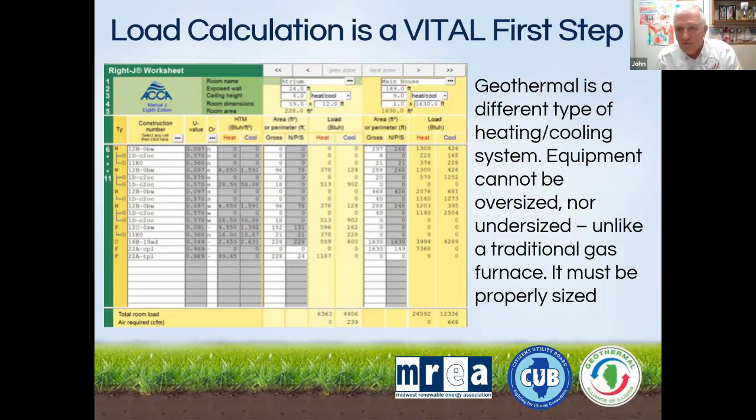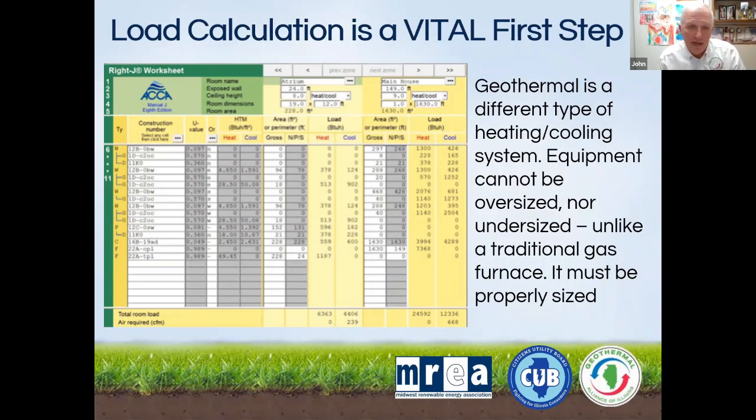That means going through the facility that you want to condition, room by room in your home, going through all the bedrooms, the kitchen, the living room, all the living spaces of the home, taking measurements and calculating what the heating and cooling requirements for that home are. Much the same for a commercial facility. And it's not guessing at it. It's knowing exactly what it is. That's a vital first step.